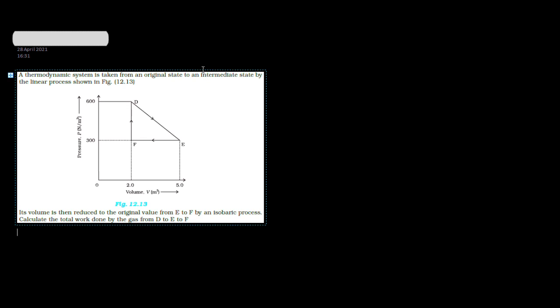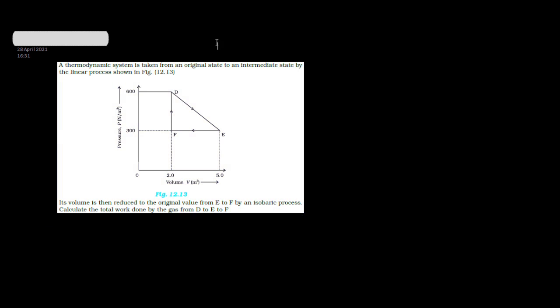Yeah, I got it. It's question number 9 in this book, in the exercise from the thermodynamics chapter. Not in KTG. Well, here we are.